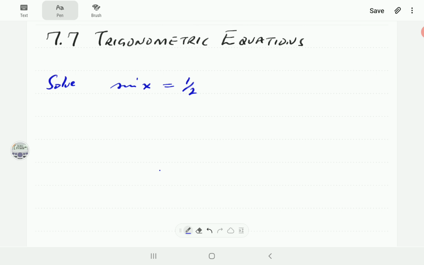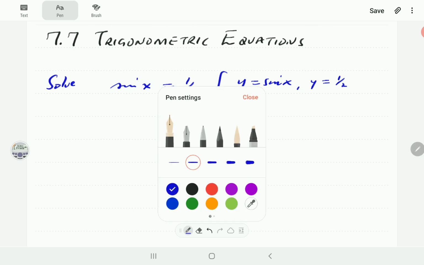Suppose I want to solve sine x equals 1/2. This can be achieved graphically by plotting the graph of sine x and then plotting the graph of y equals a half, and then looking at all the intersection points of these two.